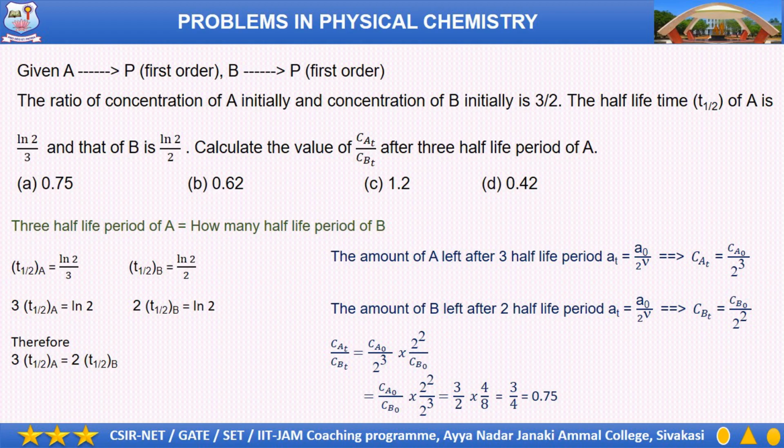How to approach this problem? You are asked to calculate C of A_t by C of B_t, and it is given that A is giving the product and it is first order. For first order, you have to calculate the concentration left after 3 half-lives. The concentration C_t is equal to the initial concentration divided by 2 power n.